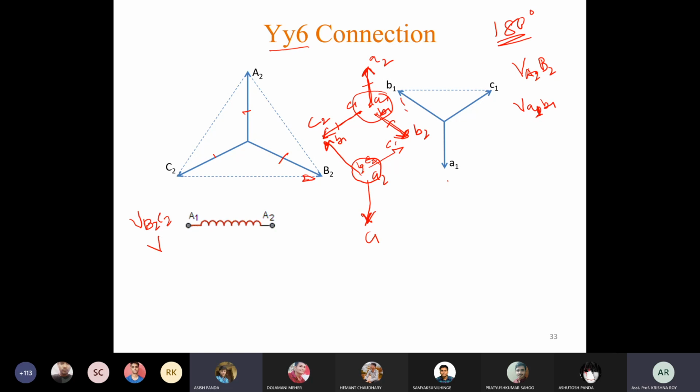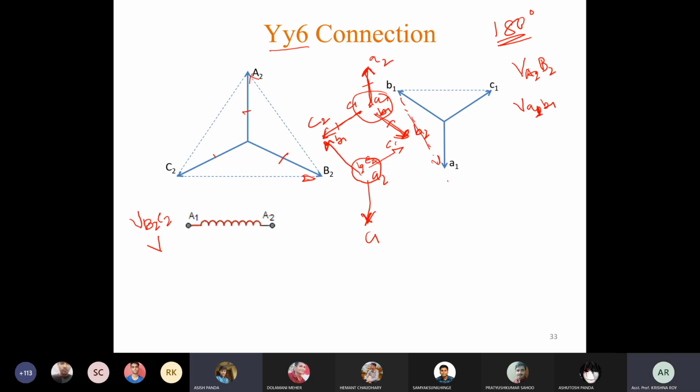I mean this phase, this line. If we consider the direction of this phasor from B2 to B1, so this will be from B1 to A1 in this direction, so that they are opposite in direction. That means phase angle is 180-degree.